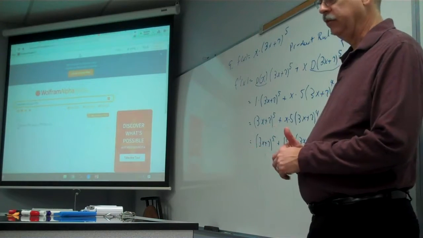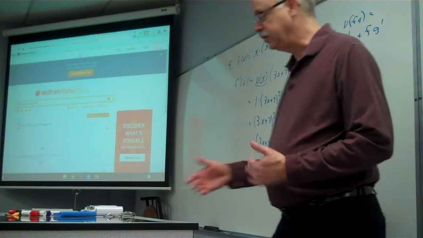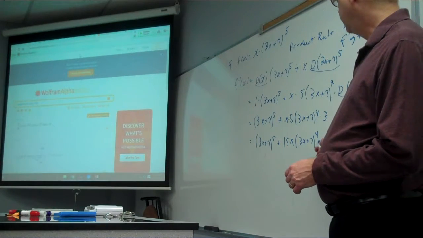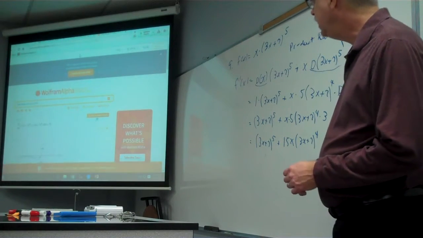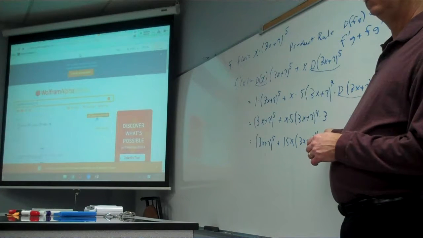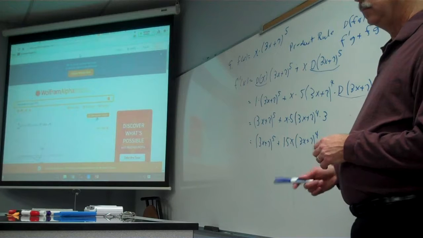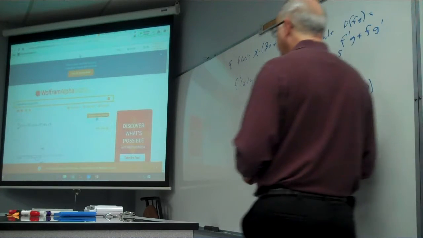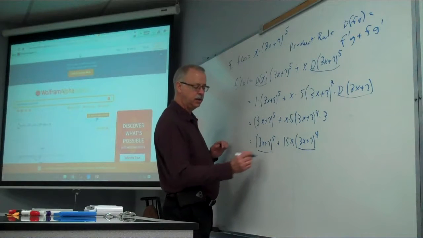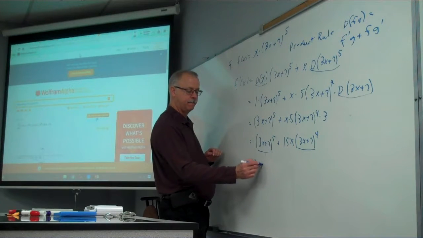And it does some working, some thinking, and it gives us an answer, and notice the answer it gives us, (3x plus 7) to the fourth times, what is that, 18x plus 7, doesn't look like what we've got here. Well, they've actually done a little bit more simplification. They actually have factored out the (3x plus 7) to the fourth.